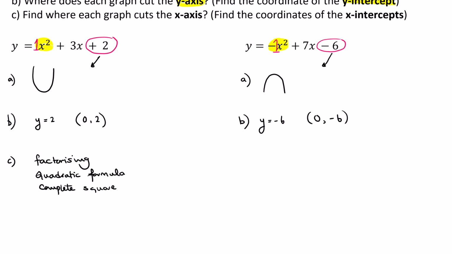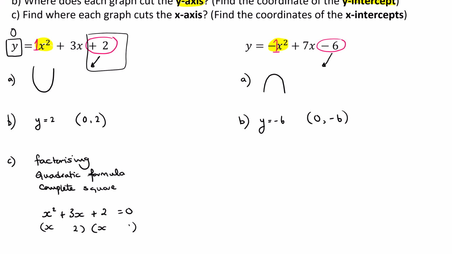So I'm going to solve this equation, x squared plus 3x plus 2 equals 0, because I'm trying to find when y equals 0. So the graph will cut the x-axis when, these are x-intercepts and they are on the x-axis, so the value for y is 0. So when I factorize, I want x times x to make the x squared. I need to find the numbers that multiply to make 2.